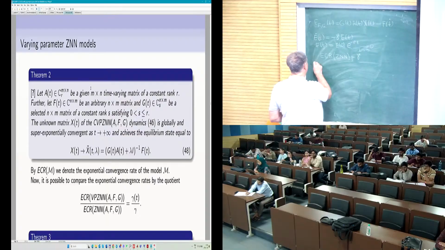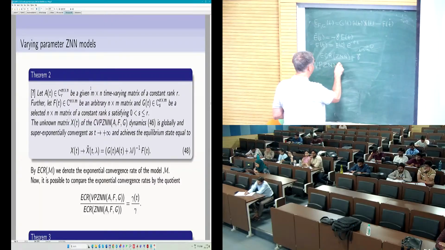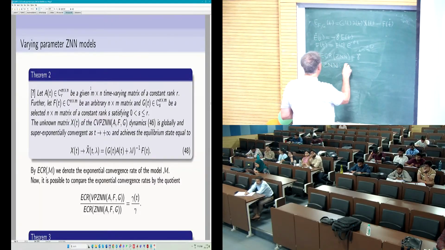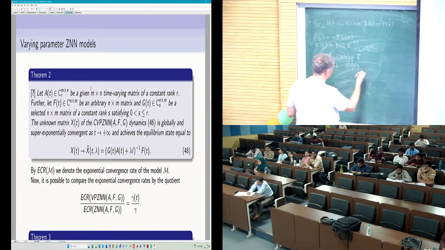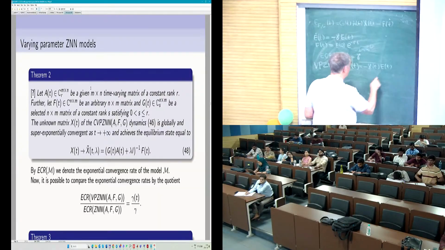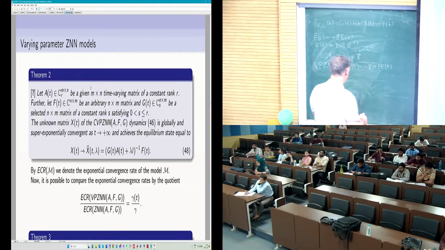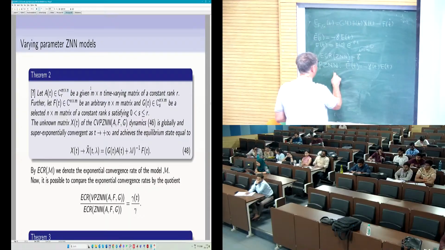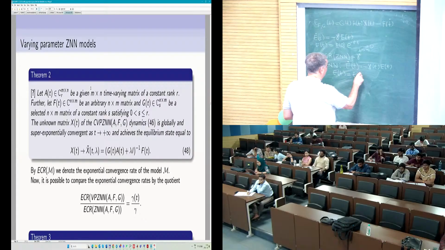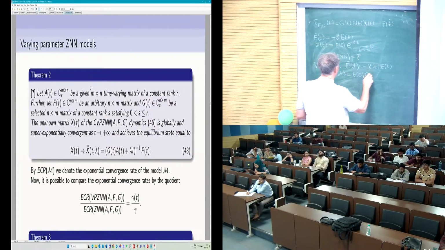If we consider varying parameter ZNN model, we will have modified ZNN dynamics, still in the form of ZNN dynamic E of t. Gamma is changeable during time. Then the analytical solution will be E of 0 times exp of minus gamma of t.